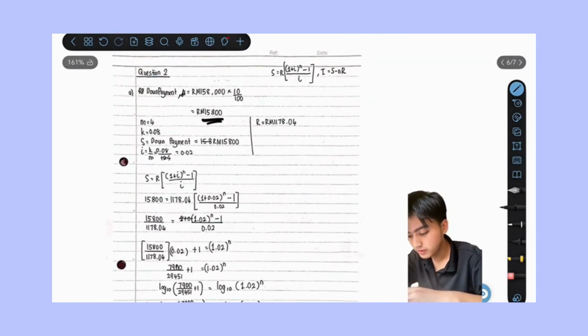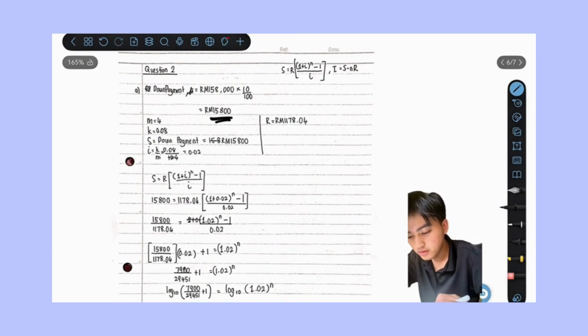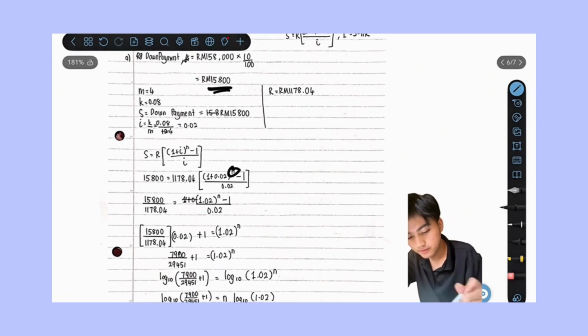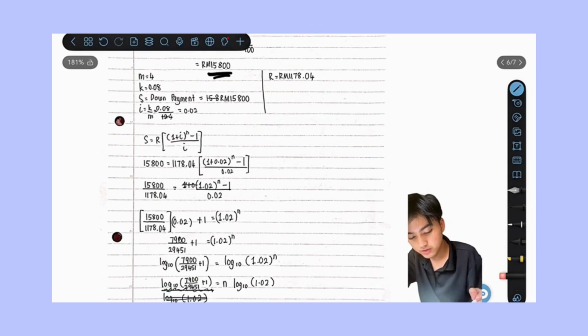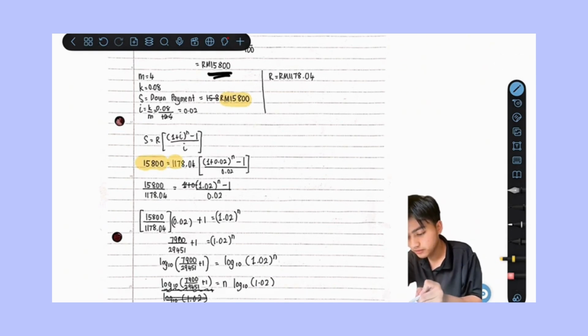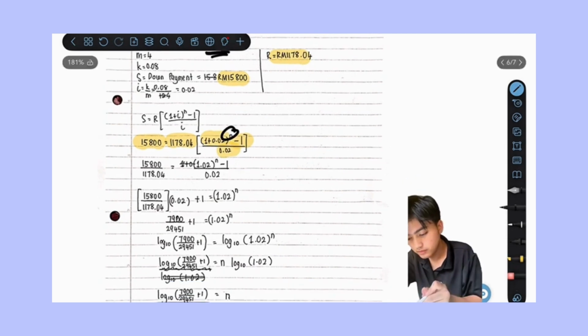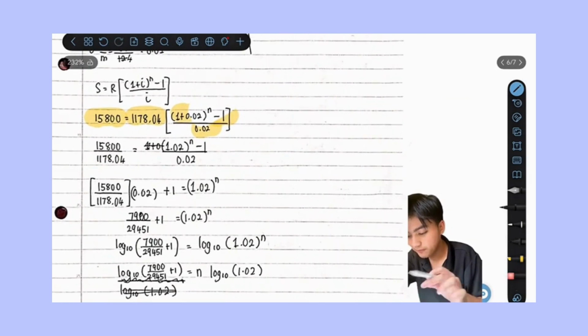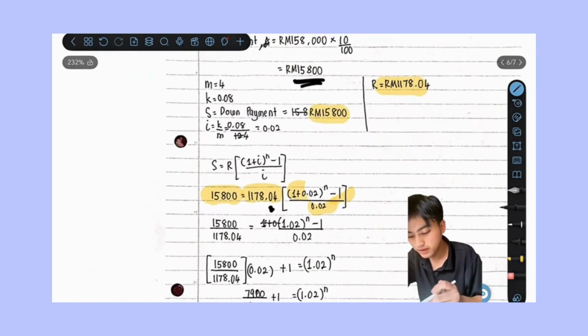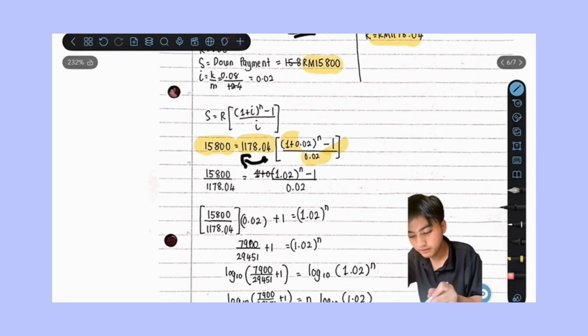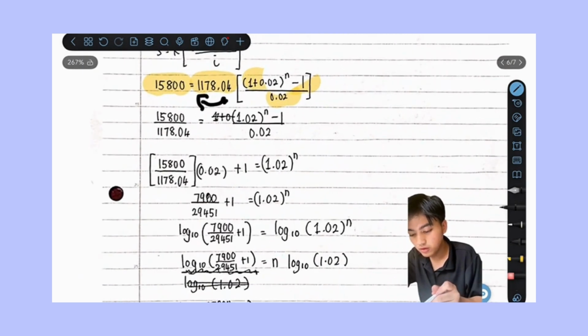So from the information given, we can use the formula S equals R times ((1 plus I) power of N minus 1) over I to find the N. So we can substitute the information given to find the N. After substituting, we can simplify by moving the 1,178.04 to the left hand side and simplifying the bracket, where we will get (1.02 power of N minus 1) over 0.02, and we move all the things that we can to the left hand side.